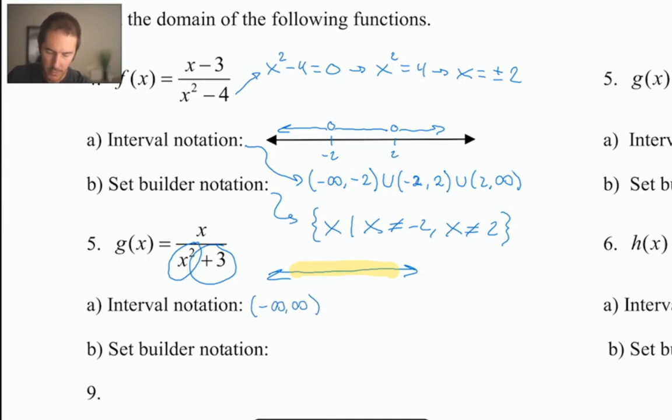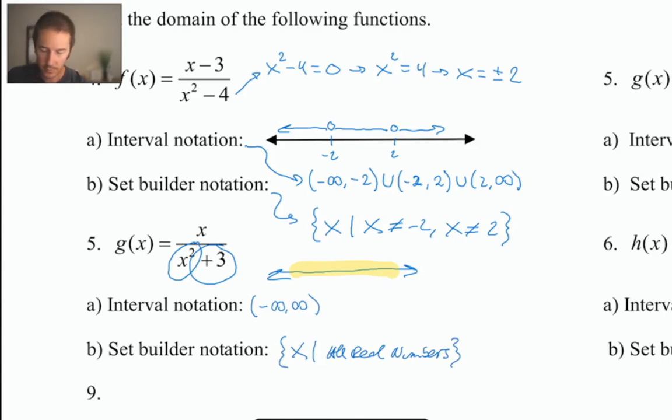Or in set builder notation, I don't think I would ever give my answer to this question regarding the domain. In set builder notation, sometimes you might actually see it printed all real numbers. That's a possibility.